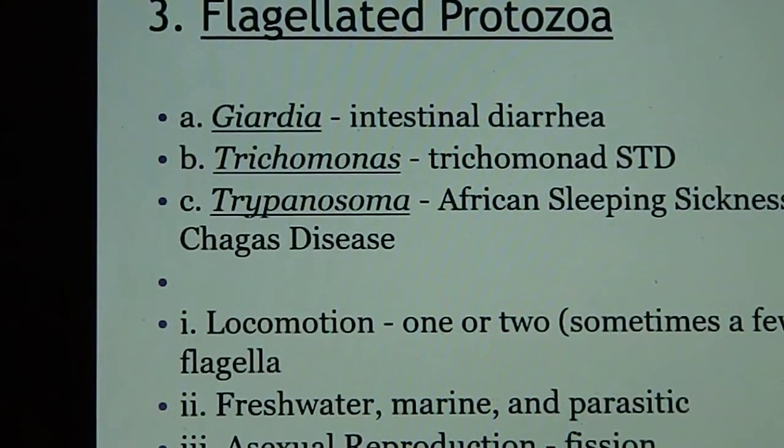The trypanosome then attacks the red blood cells, causing anemia and death if not treated. Treatment is available, but it is not very common, and so not many people are able to get the treatment, and if they do have African sleeping sickness, it's a fatal type of condition.